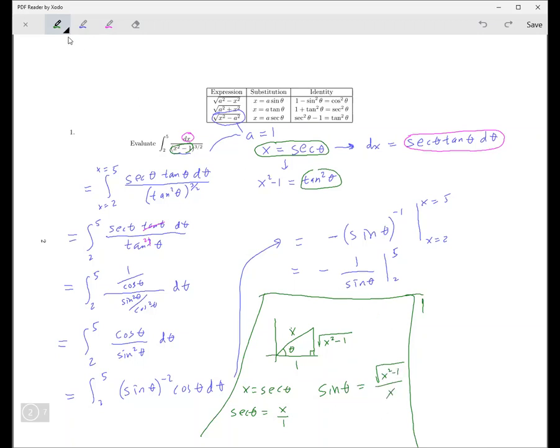So we're going to plug that into here. And since this is 1 over a sine, then we just take the reciprocal here.